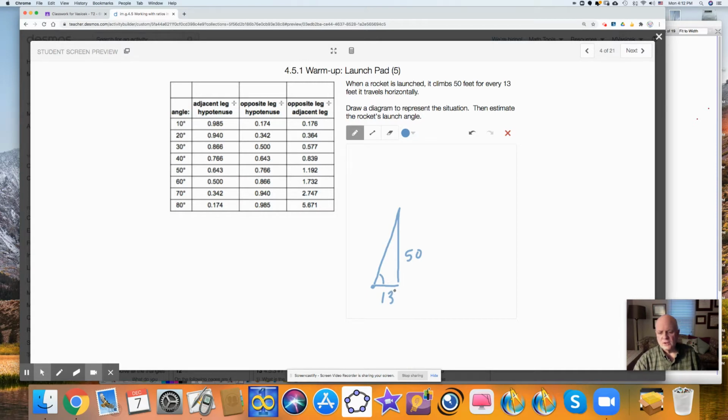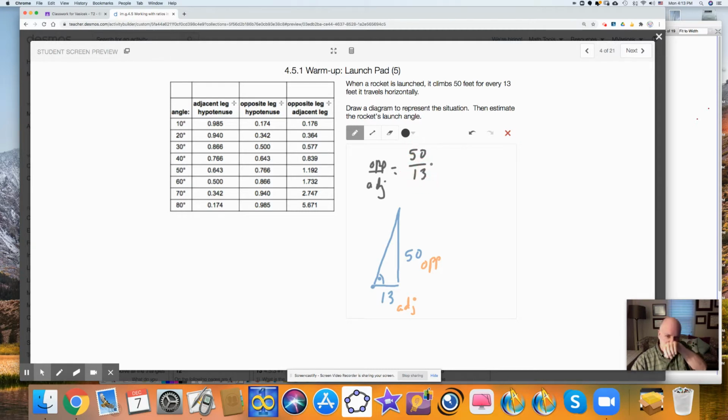And if we look at it from this angle, the 50 side would be the opposite side, and the 13 would be the adjacent side. So in my table, I have opposite and adjacent here. So I can write down the ratio of the opposite to the adjacent. Well, for some degrees, and I don't know how many degrees that is, I wish I knew, my ratio is going to be 50 divided by 13.